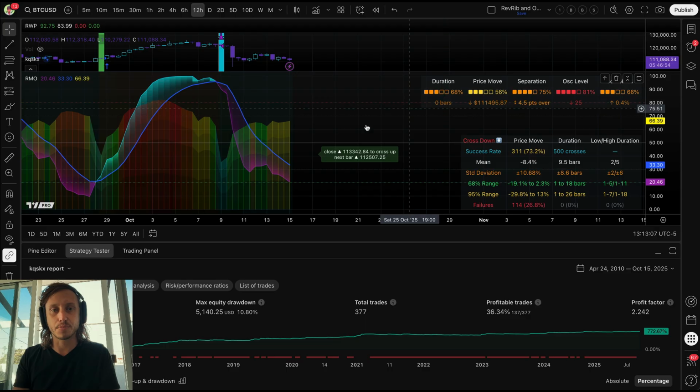Again, this is just average bars of how long a downside cross works, and we are seeing that our general oscillator level is about the 25 read, which is a little bit above this separation. We are about 4.5 points over the average separation, which means the separation is extended, and you can expect a pull to the upside on momentum.